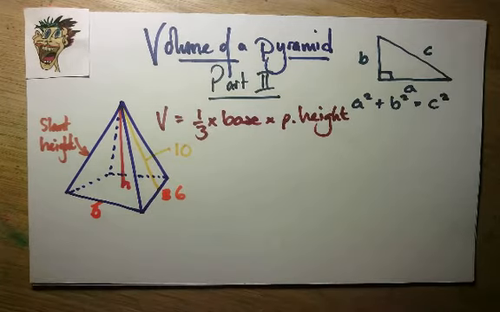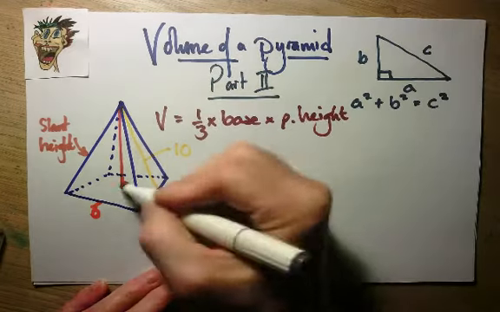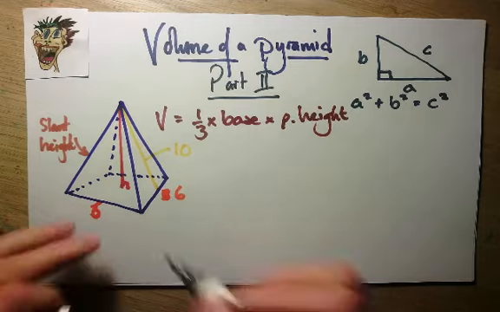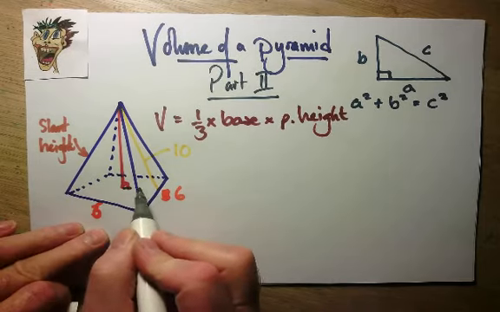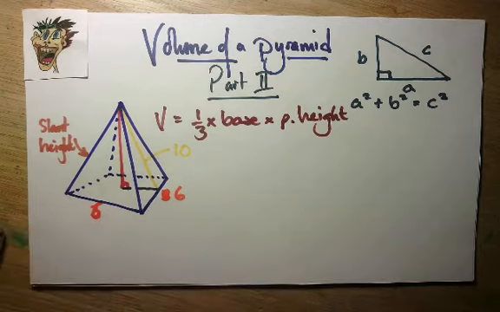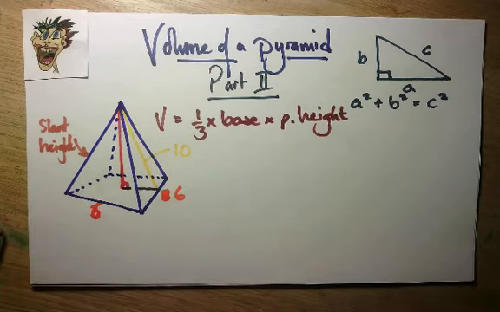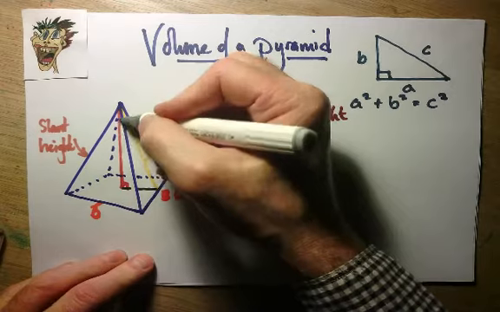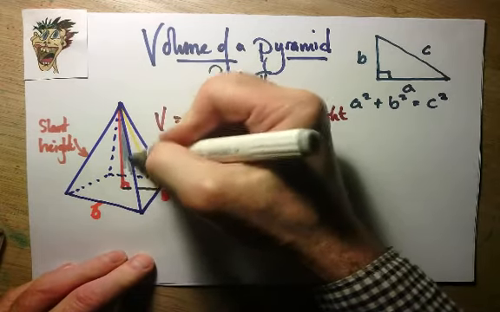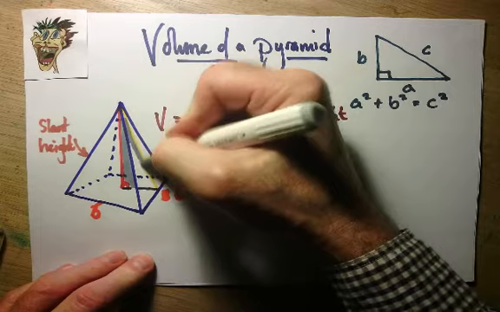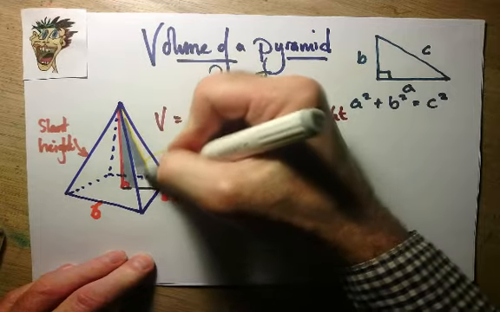What's difficult is that you've got to be able to see that you've got a triangle here. So I'm going to shade out the triangle and see if this works for you. I'm going to go straight across there and attempt to draw out what the triangle would look like.